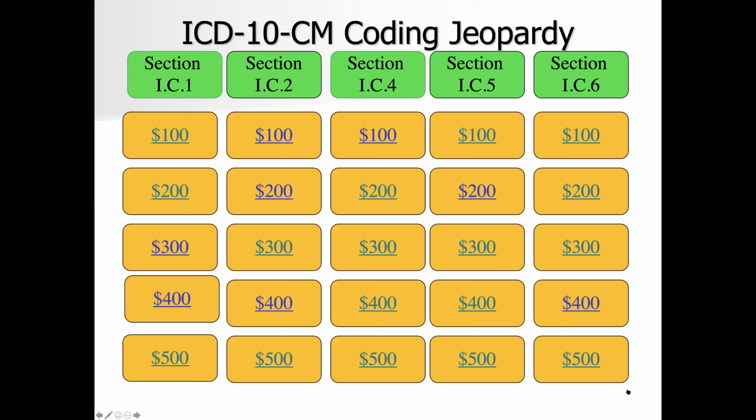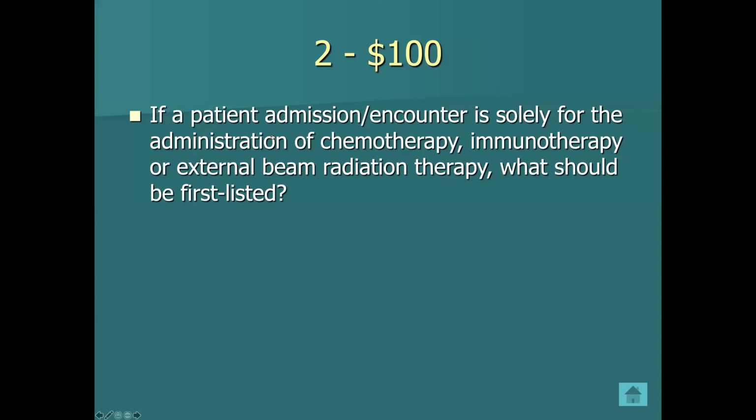Section 1 for 300. If a patient admission and encounter is solely for the administration of chemotherapy, immunotherapy, or external beam radiation therapy, what should be listed first?